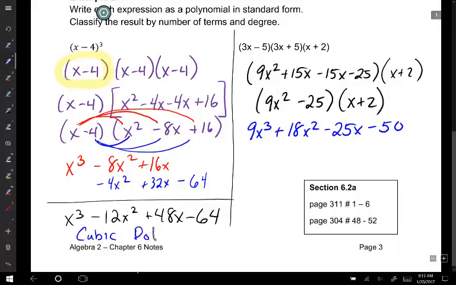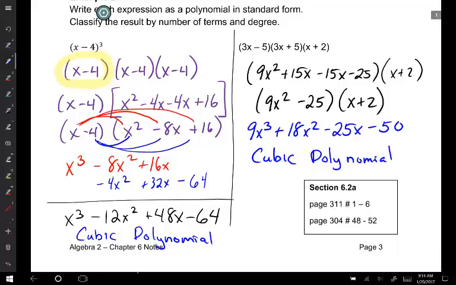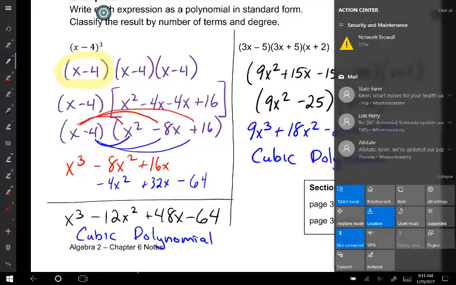So it's a cubic polynomial. Is this one also cubic? Yes. Is it also a polynomial? Does anyone remember the fancy name for fourth degree? Quartic. Nice, Danielle. Quartic. Yeah. All right. Well, that being said, any questions?